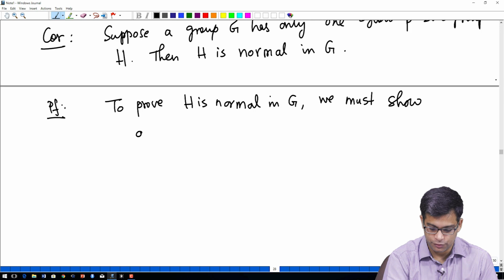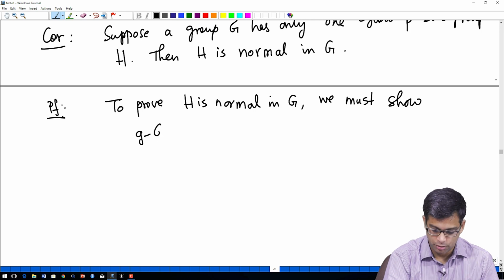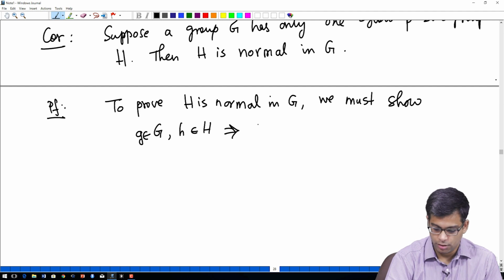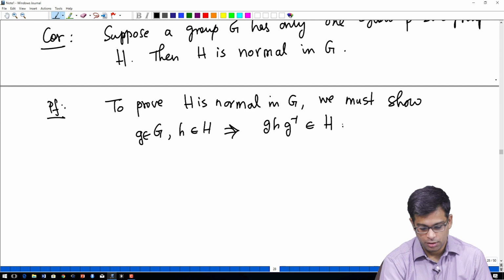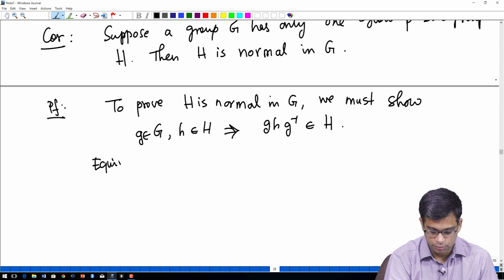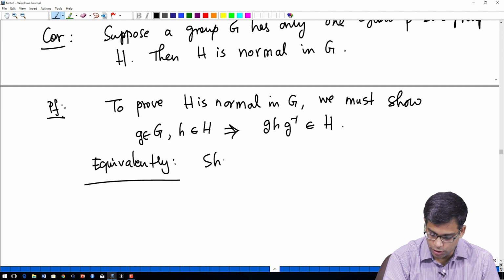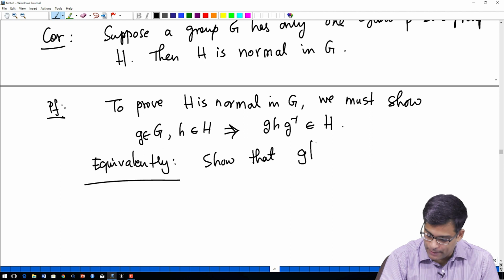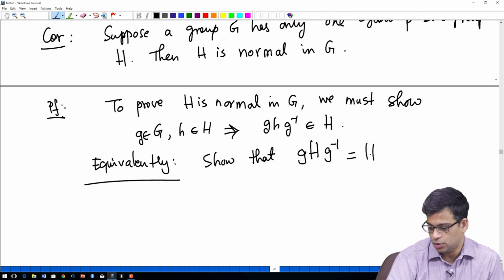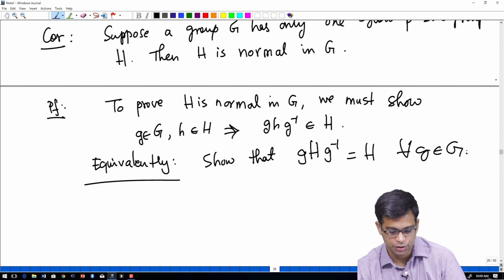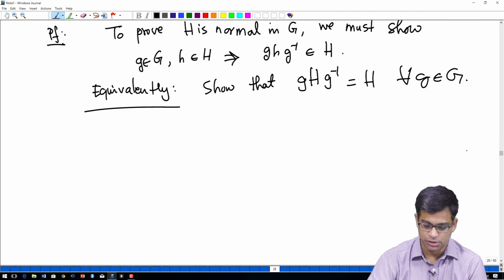We need to show that if g belongs to G, h belongs to H, then g h g inverse is in H. Equivalently, we have to show that g H g inverse is equal to H for all g in G. That is what one has to show to prove some subgroup is normal.